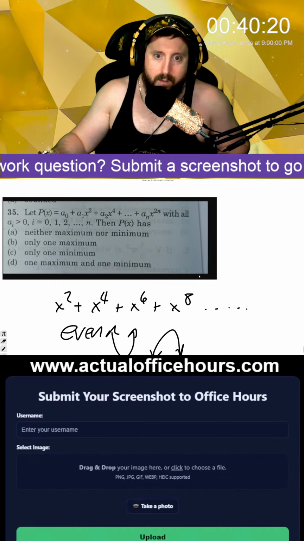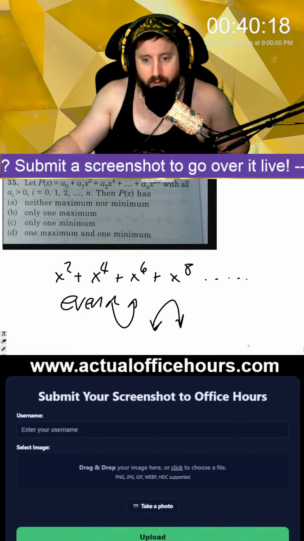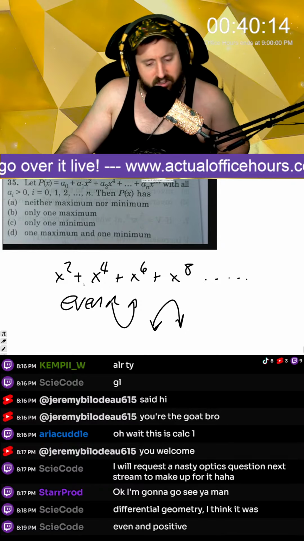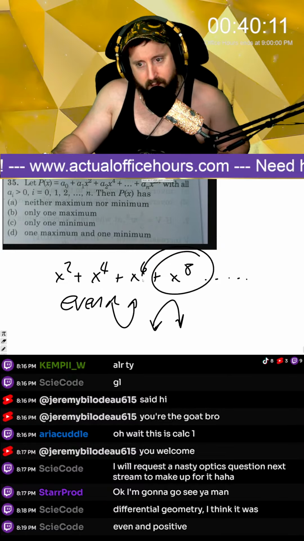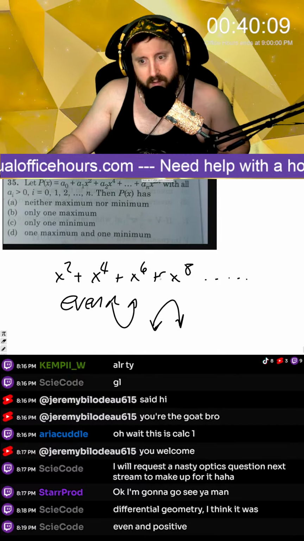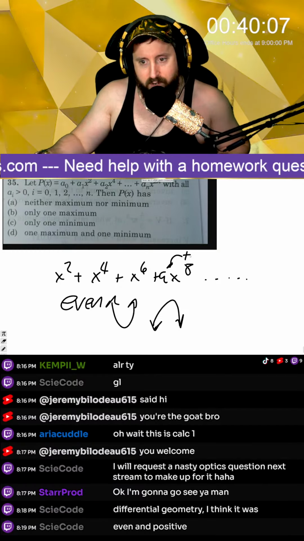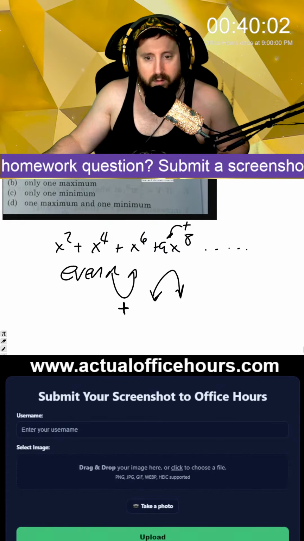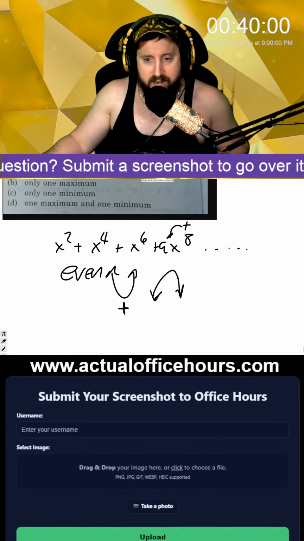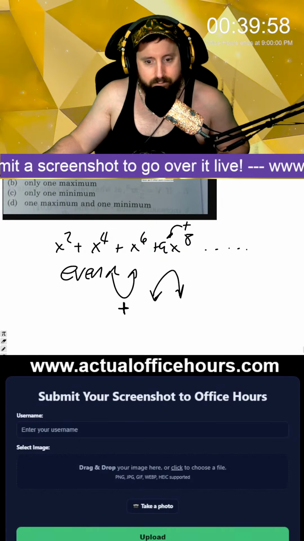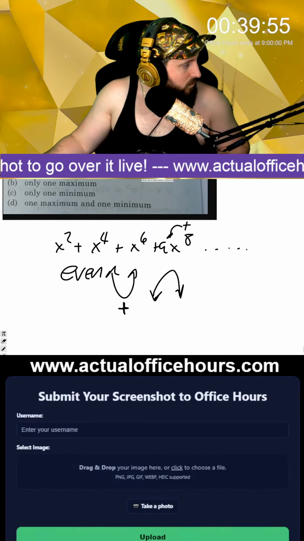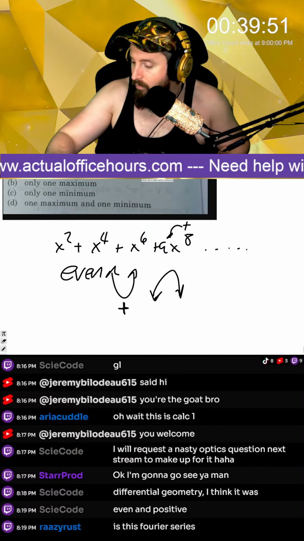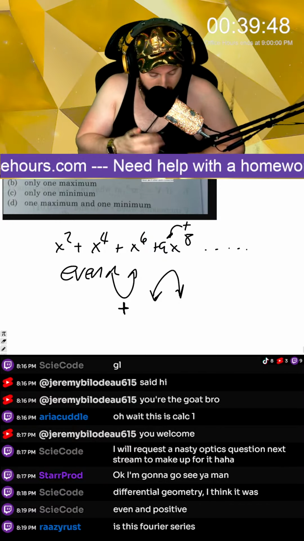Right, and exactly, Sidecode. What determines whether they're up, up, or down, down is the coefficient in front of the leading term, so whatever the highest one is. And they told us that this coefficient is positive. Positive means it's going to be up, up, whereas negative would have meant down, down. Let's write this down.